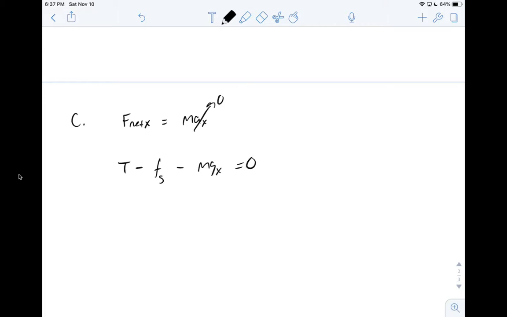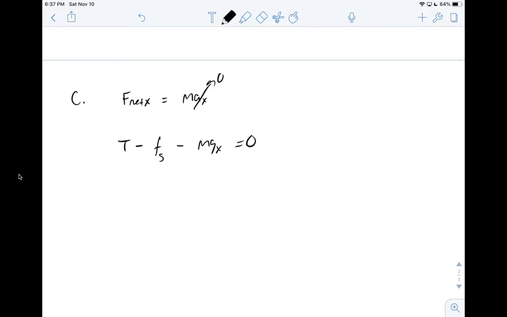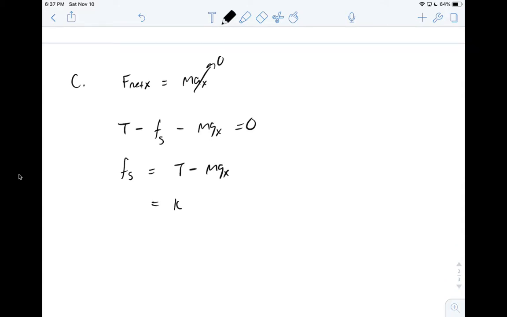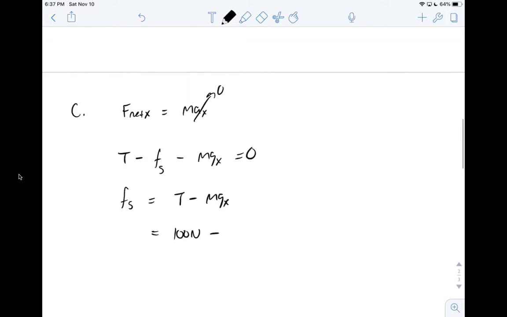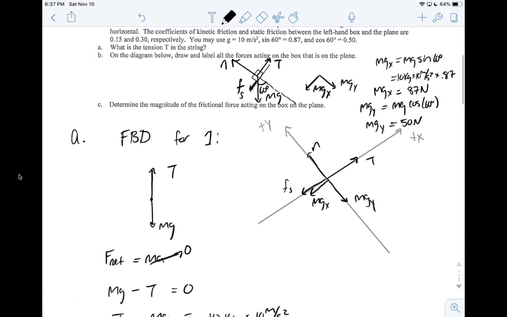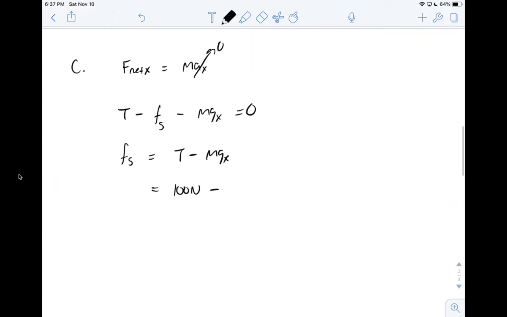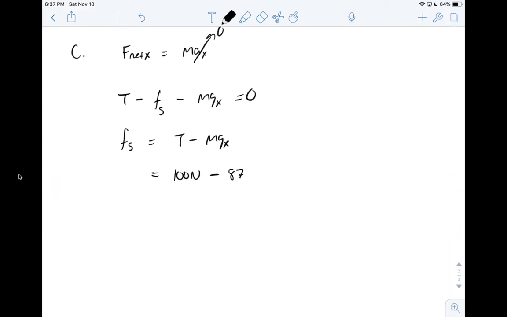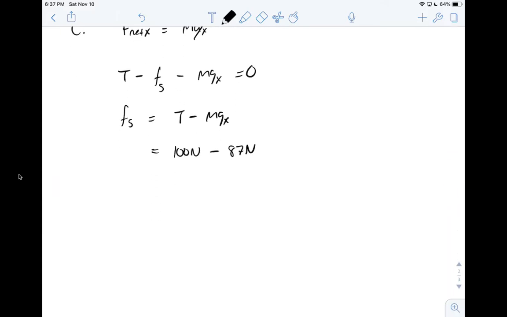That equals 0. Solving for friction, we have static friction equals T minus mgx. Tension we said is 100 newtons, and mgx is 87 newtons. So static friction is 13 newtons.